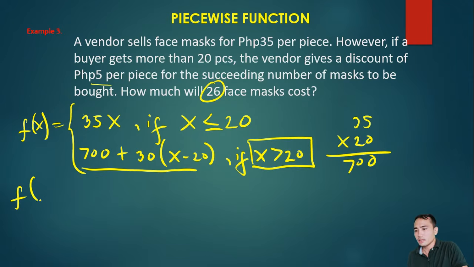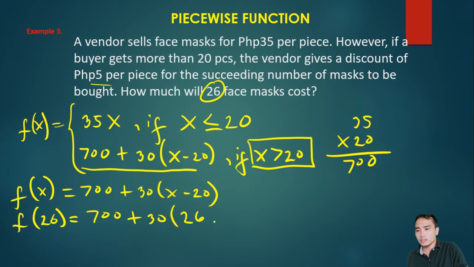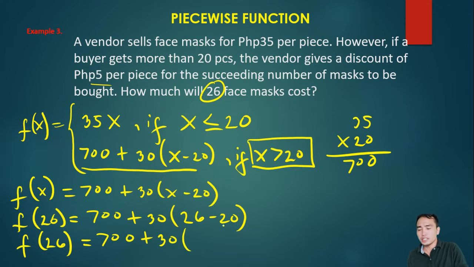Okay. Evaluate the function. Okay, f of x equals 700 plus 30 times x minus 20. Okay, f of 26 equals 700 plus 30 times 26 minus 20. Okay, 26 minus 20 is 6.